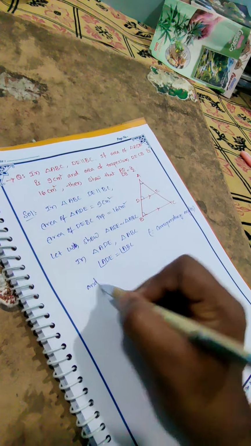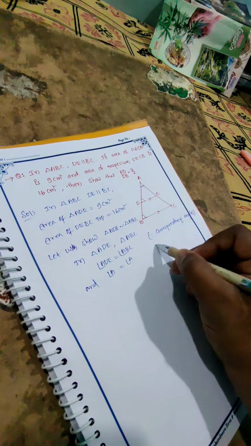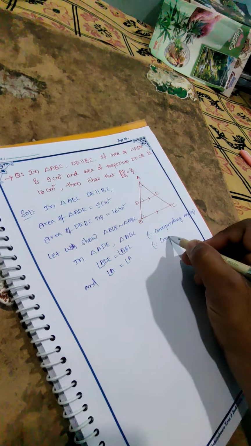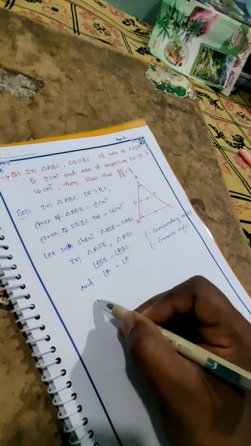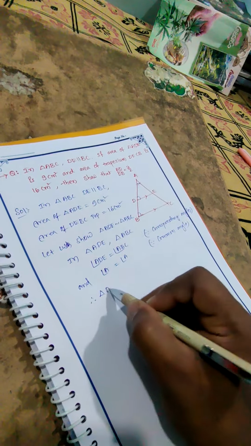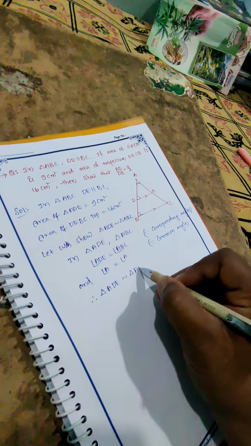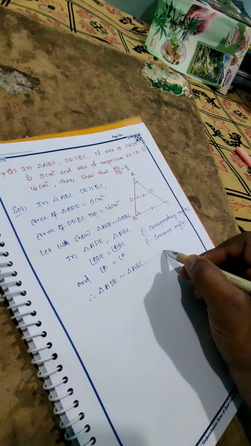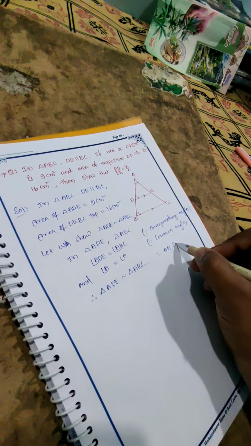And angle A is a common angle. Angle A equal to angle A, since common angle. So therefore triangle ADE is similar to triangle ABC. Which property? AA property, AA similarity.